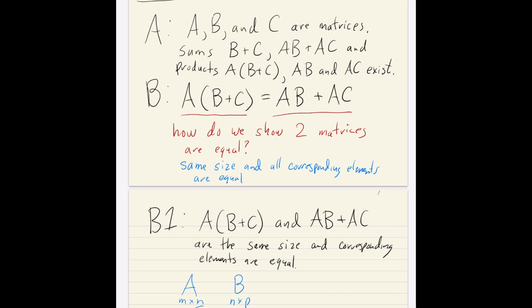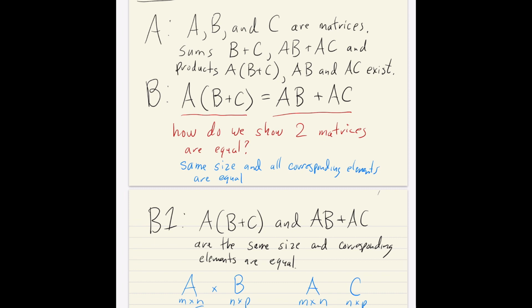And then we know that when we add AB plus AC, that sum exists. And the only way that would exist is if A times C is the same size as A times B. So that means C must also be n by p. A is m by n. So the product AB must be m by p.